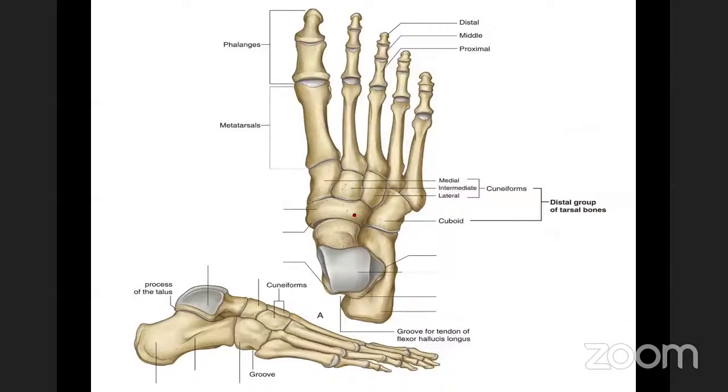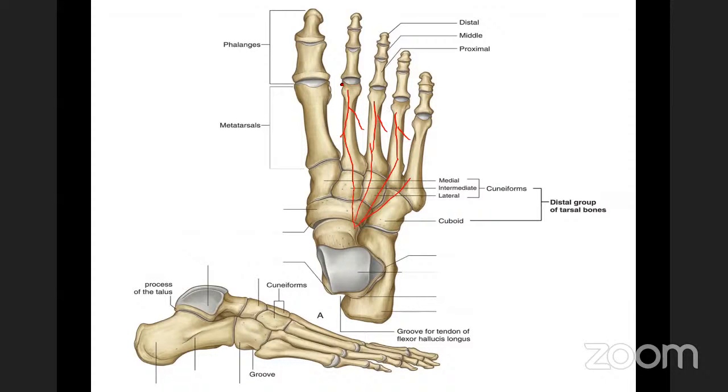So as already discussed, these are the four tendons of extensor digitorum longus. They are joined laterally by the tendon of extensor digitorum brevis.